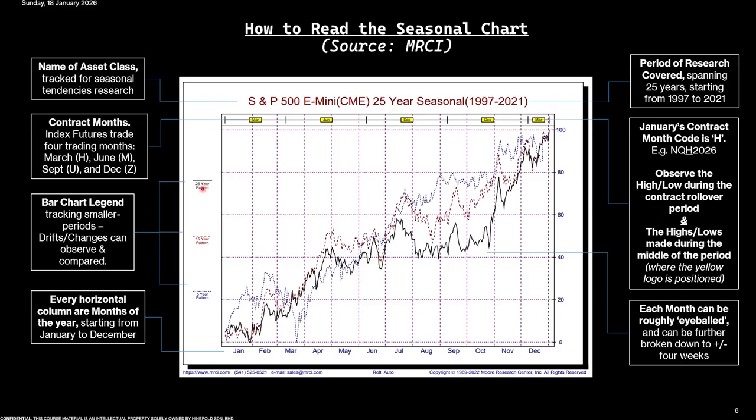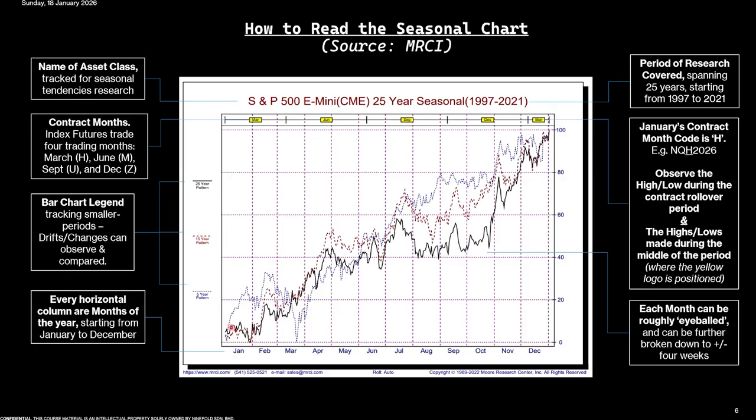Going back towards the idea of the period of research that this particular chart covers, we can see that it's broken down into different time periods, right? Over a 25-year time period, the black bar chart shows us a low being made at the end of January.